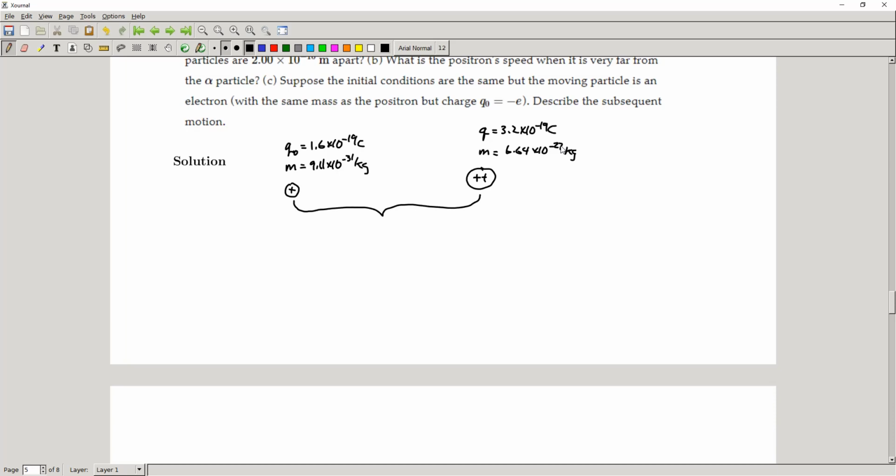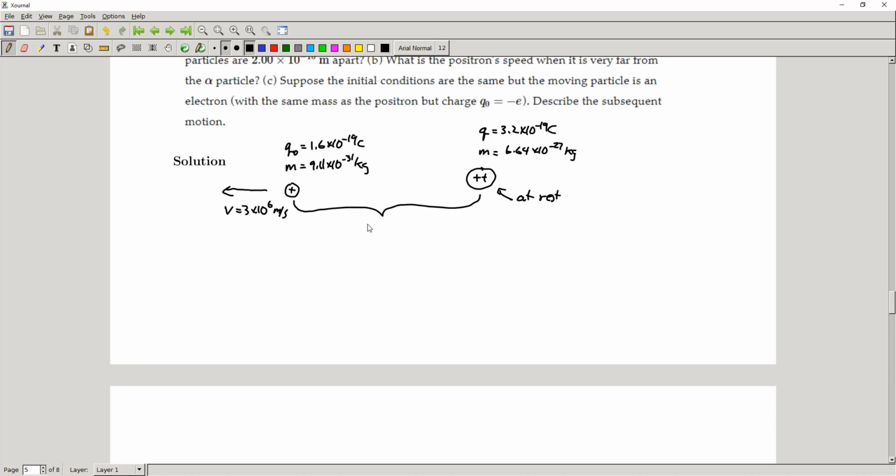So this thing is at rest. This thing has an initial velocity. It's moving off with a v of 3 times 10 to the 6 meters per second.